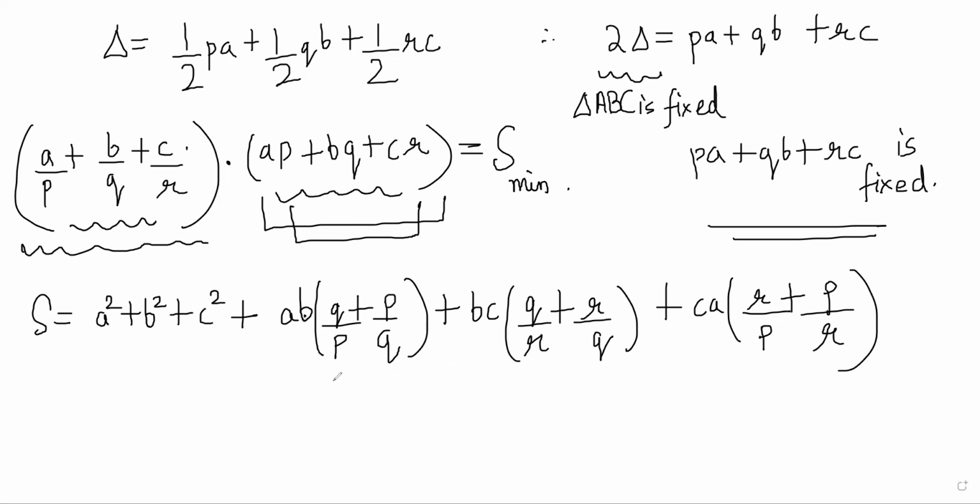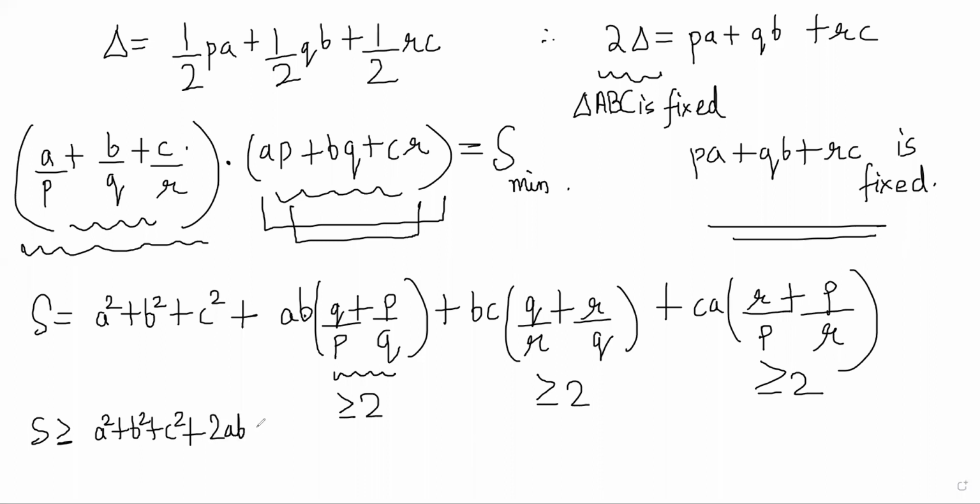Now, we can see here that these quantities are reciprocals of each other. So by AM-GM inequality each pair is greater than or equal to 2, right? So we can say that S is greater than or equal to A square plus B square plus C square plus 2AB plus 2BC plus 2CA, right?